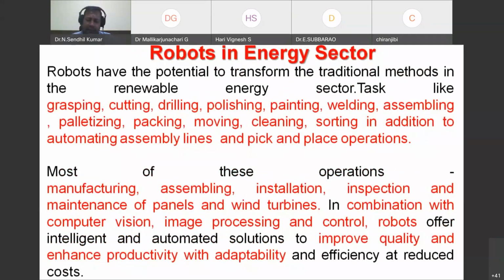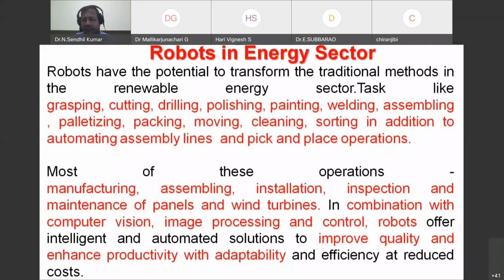Now a major amount of cost is involved in production. If you take solar energy, the cell production cost is very high. If humans are involved, taking the cell and the minute operations are all involved, and those can be minimized if you use robotics. Here robotics completely transforms traditional methods like grafting, cutting, drilling, polishing; everything can be replaced.